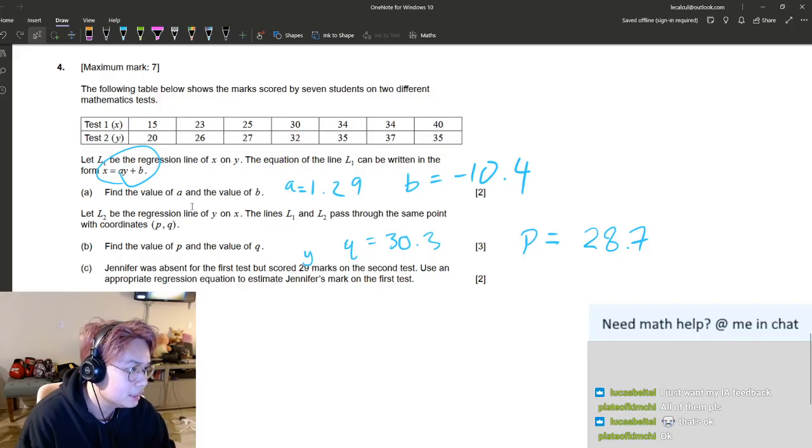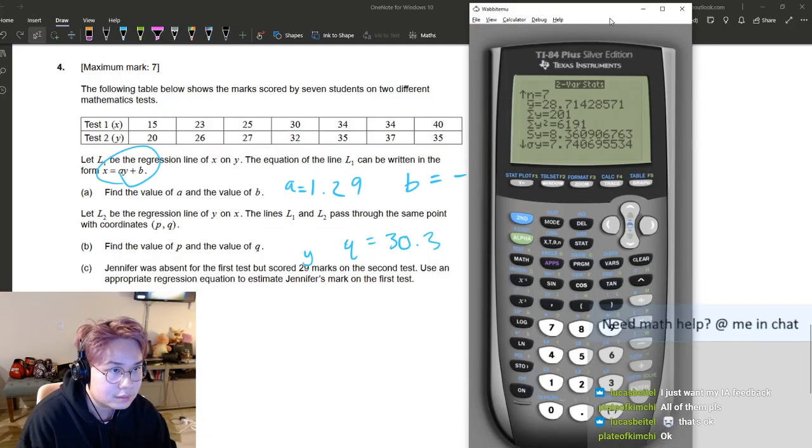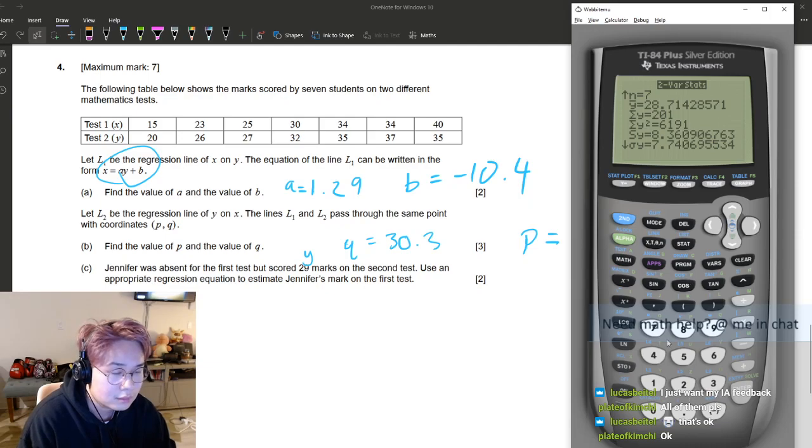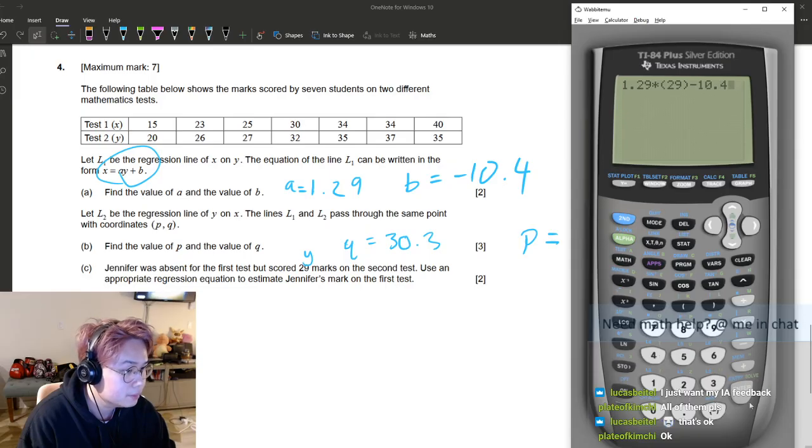So we can just plug this in to make a regression on what her mark on her first test would be, and we already know what A and B are going to be as well. So 1.29 times the y value 29 minus 10.4, so 27.